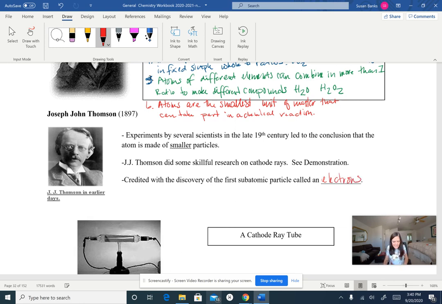And he realized with a very interesting experiment that he did, it was actually Millikan that did this experiment. Millikan isolated electrons, and he realized that electrons were 1/1,847th the mass of a hydrogen atom.